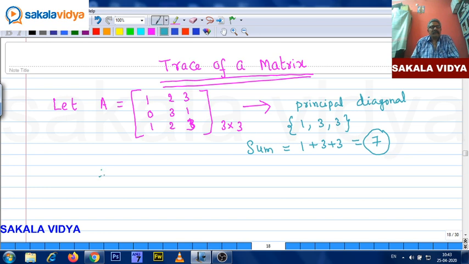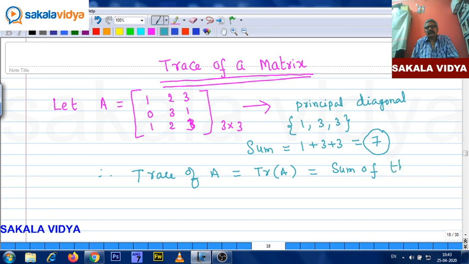So trace of A, we can write it shortly, is the sum of the elements of the principal diagonal.